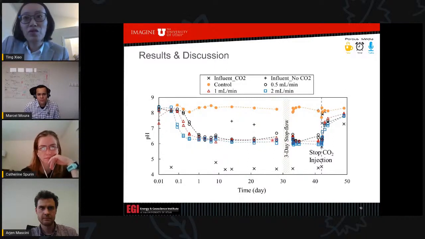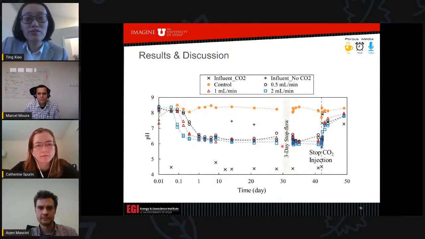With the stop flow, pH doesn't show obvious changes. It suggests the buffering effect of carbonate mineral dissolution is very strong. And after we stop CO2 injection, pH increases back to the control level in about 1 week.